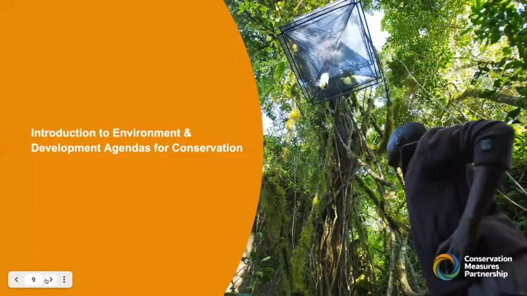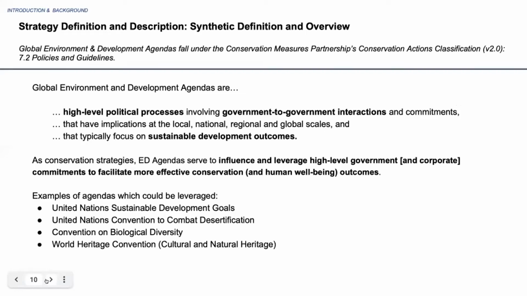So, where did we get to? The definition and general description we got to was that global environment and development agendas are high-level political processes. They typically involve government-to-government interactions and commitments.